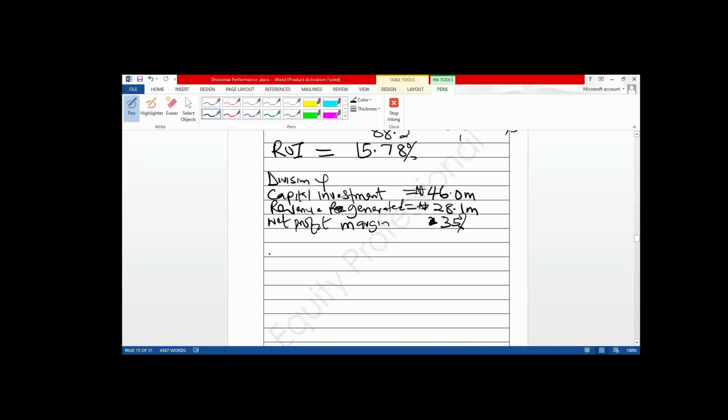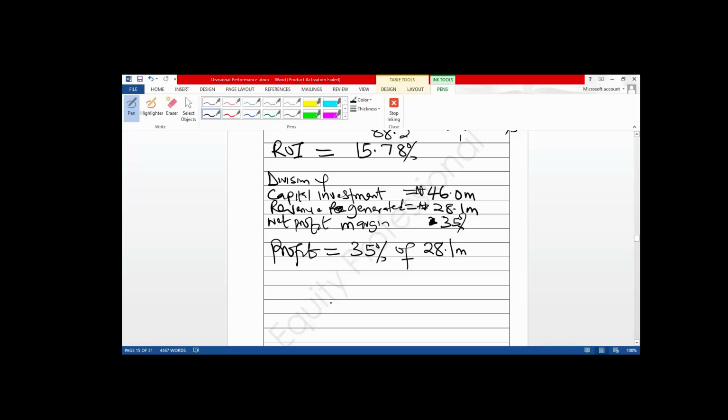Now get your profit in Naira amount. The profit is equal to 35% of revenue, 28.1 million. (35% multiplied by 28.1).